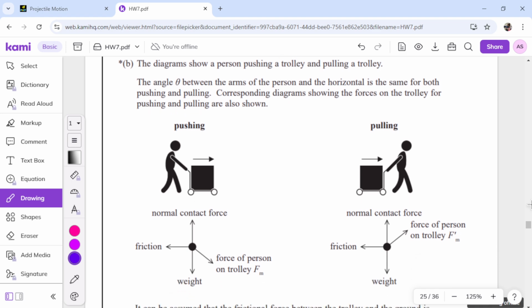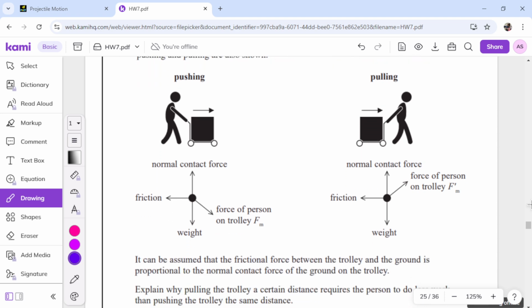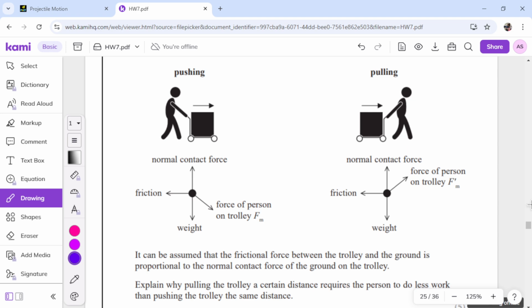The diagram shows a person pushing a trolley and pulling a trolley. The angle theta between the arms of the person and the horizontal is the same for both pushing and pulling. Corresponding diagrams show the forces on the trolley for pushing and pulling. So as you see, pushing and pulling, normal contact force in both, and we have weight in both, and friction in both.